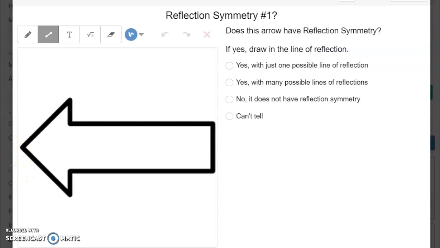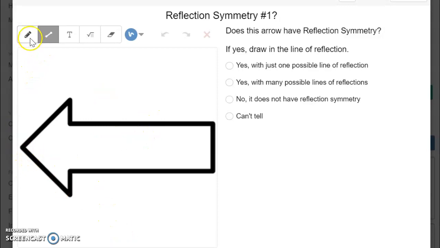Does this arrow have a reflection symmetry? So to do that, you need to be asking yourself, can I fold it in such a way that it matches the left-hand side with the right-hand side, or up with the down, or however way it folds over exactly? Yes, it does. If I fold it over like here, then it's not going to match up.